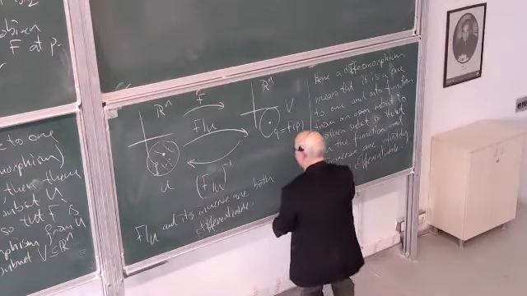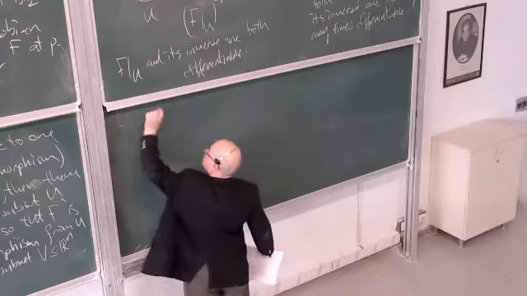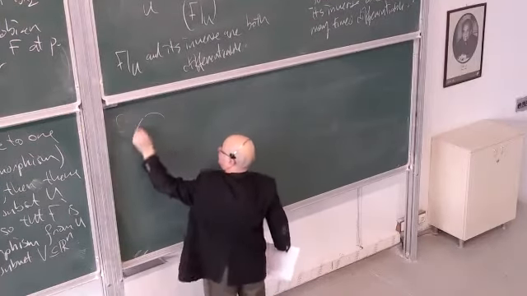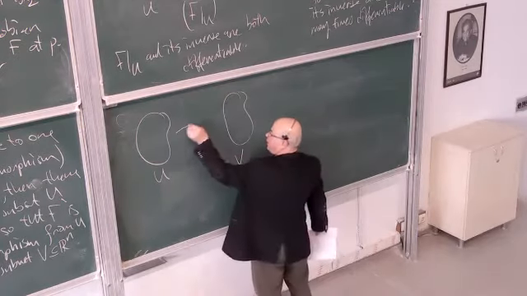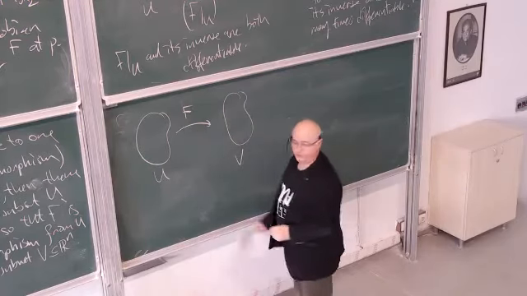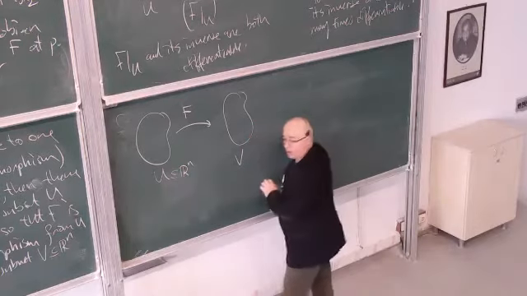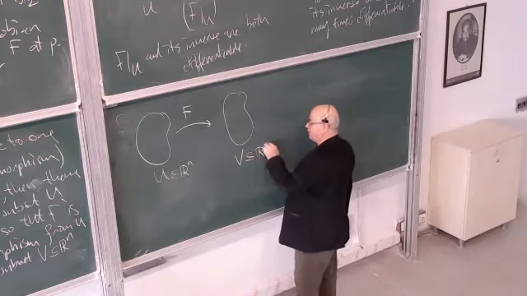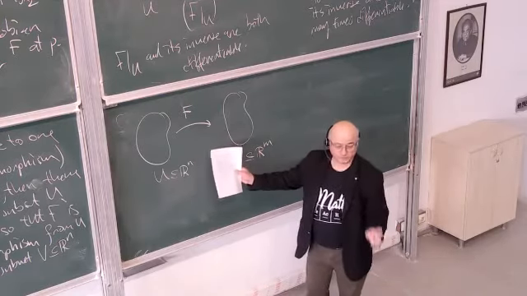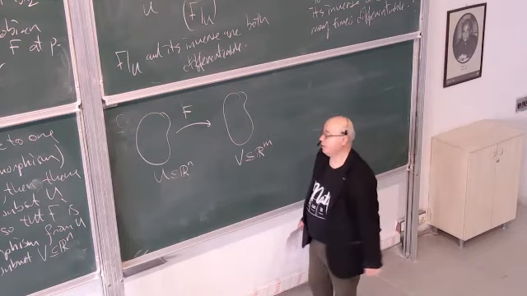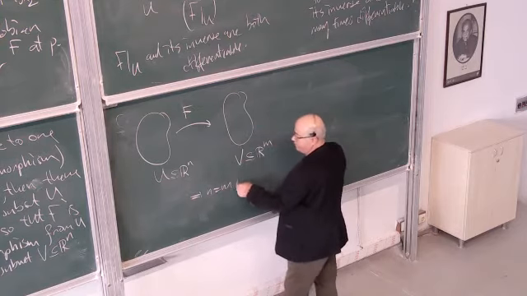Suppose we have a function and a homeomorphism between these two open sets. These are open sets. This is inside some Rn, and this is inside some Rm, let's say. If F is a homeomorphism and if it's a smooth map, actually, if it's a homeomorphism, then n equals m.